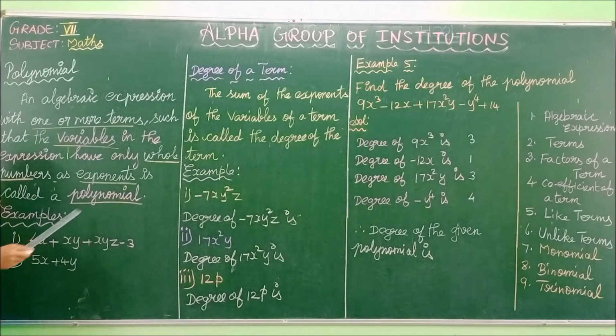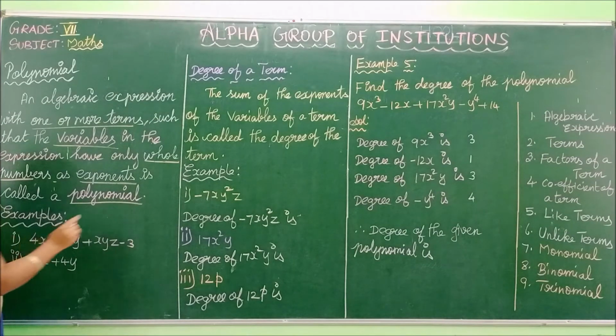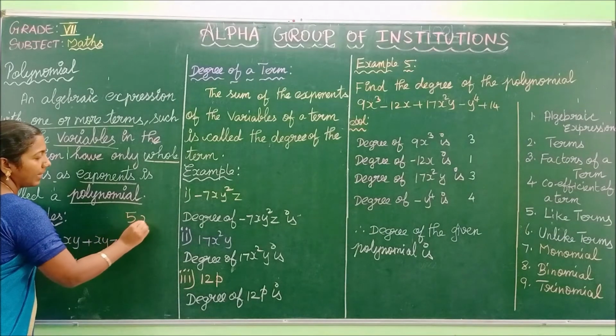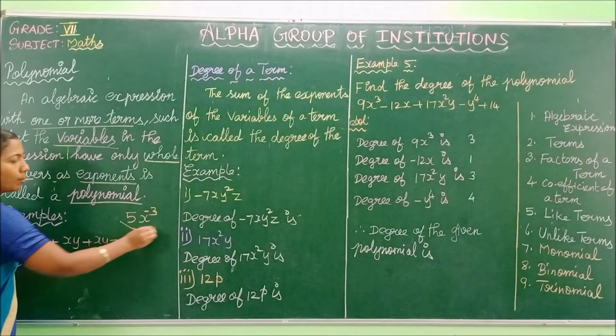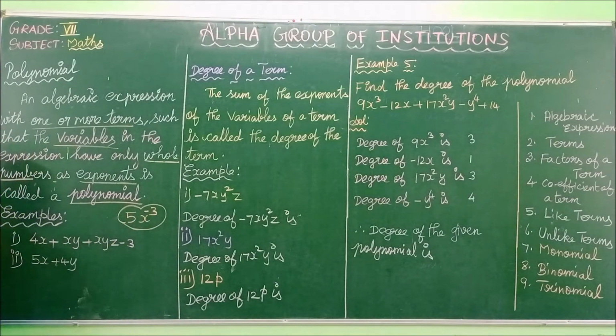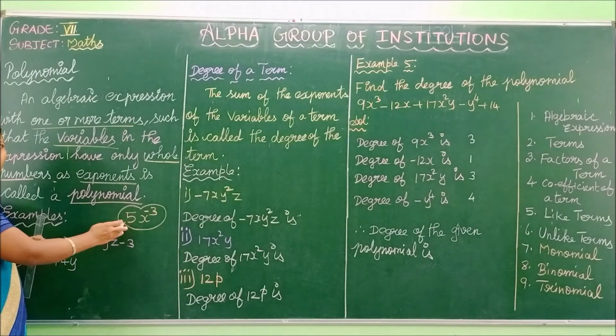Do you understand, children? See the example: 4x plus 3xy plus 3xy minus 3. See here, the power of x is 1, the power of y is 1. Here also the power of each variable is 1. Suppose a term like 5x power minus 3; it is not a polynomial. Do you understand what I am saying? Why is it not a polynomial?